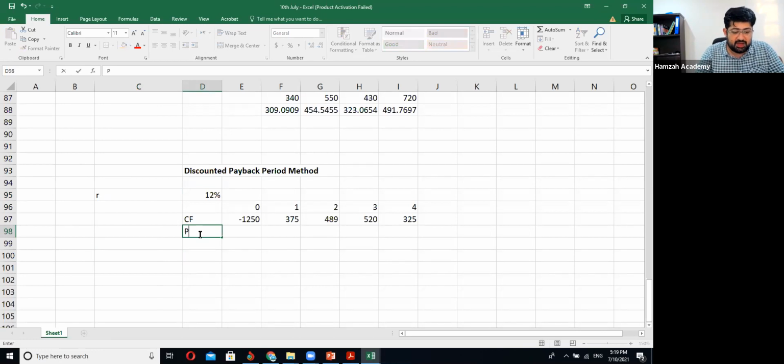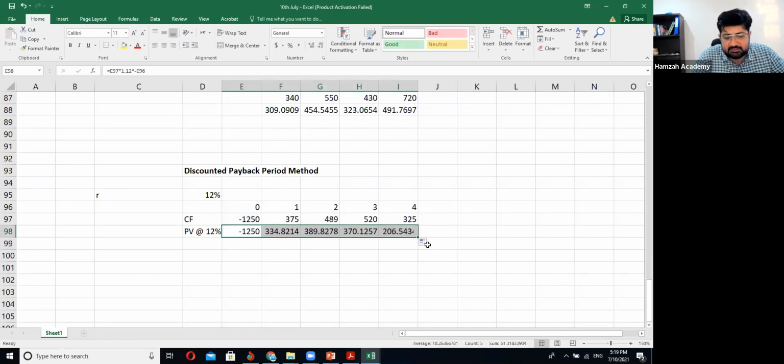Now we have to calculate discounted payback. So first of all, we have to calculate present value at 12%. So equal to this future value into 1 plus R, 1.12, raised to power minus this. Present value is here, and simply drag it. It is done.